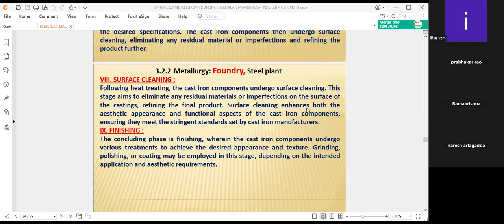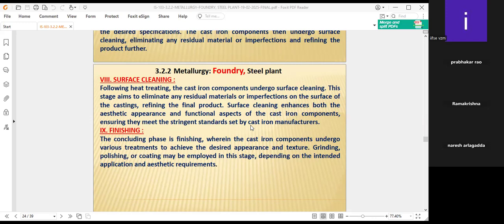Surface cleaning enhances not only the removal of residual materials, but also the aesthetic appearance, that means a very attractive look, and the functional aspects of the cast iron components, ensuring that they meet stringent standards set by the cast iron manufacturers.